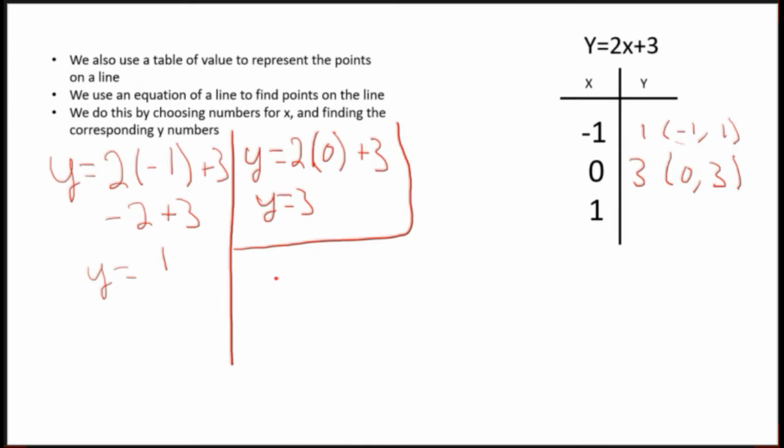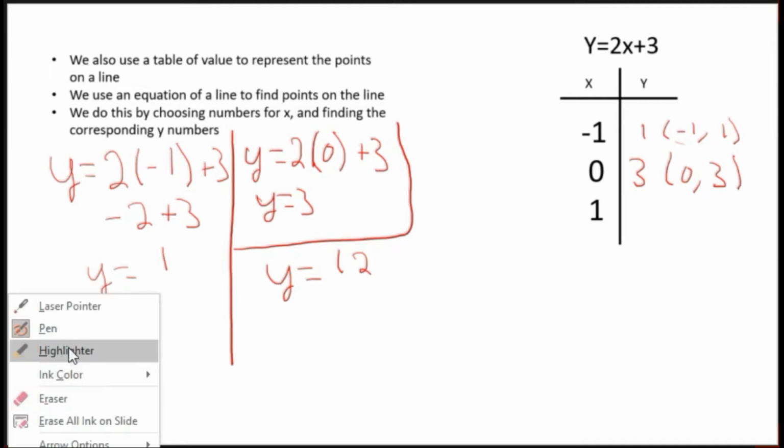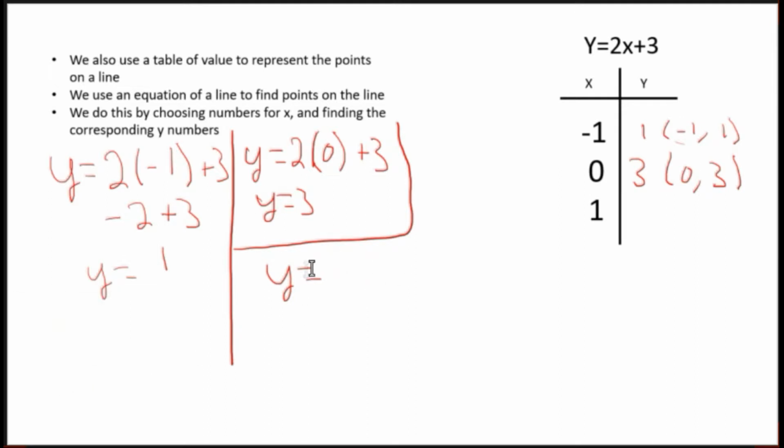All right, lastly, rewrite the equation one more time. Instead of x, put in 1.